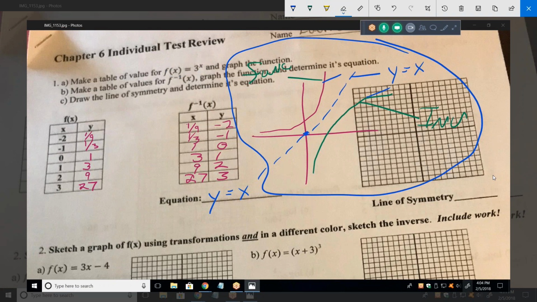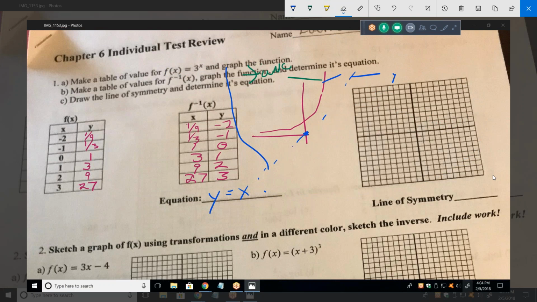So let's do part 3. First of all, let's graph the function. That's pretty easy to graph. Remember, these exponential functions always go through that point, and then they turn up fast, like that. Okay. So there's my original function.